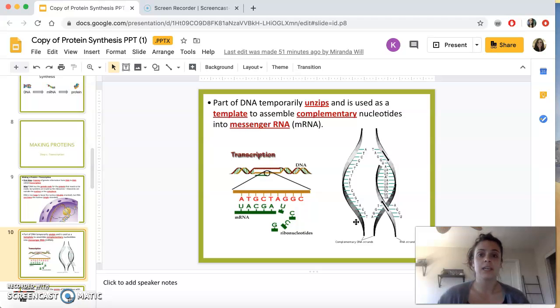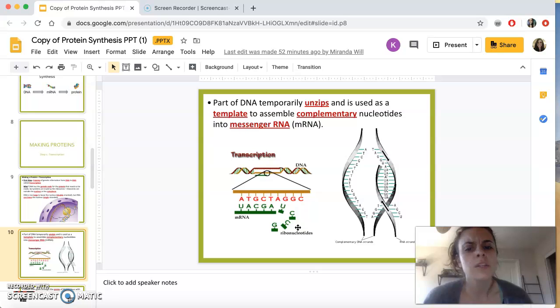That was one of the things that we did. We're taking those nucleotides, adenine, thymine, guanine, and cytosine, ATCG, and you can see some of those matches here. What we're going to do is send one strand out, and we're matching this RNA strand with one side of the DNA.